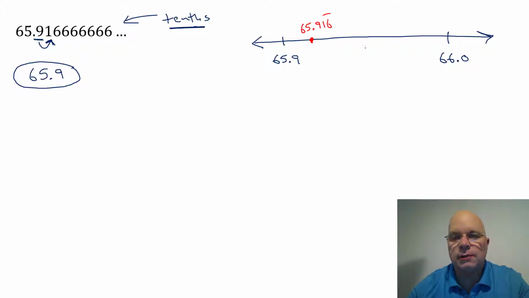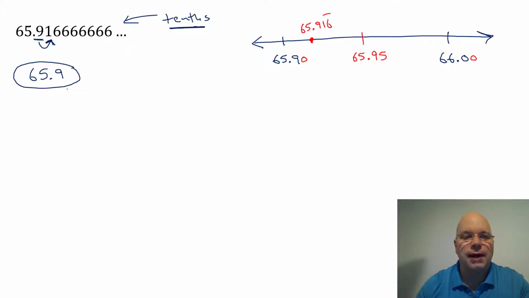So what's the halfway point? The halfway point would be 65 and 9.5 tenths, which would be 95 hundredths. If I create like terms here by showing the digit in the hundredths place, we have 65 and 90 hundredths, 66 and 0 hundredths. This is 65 and a little more than 91 hundredths, but it's definitely closer to 65 and 90 hundredths or 65 and 9 tenths, so that's why we rounded it to 65.9.